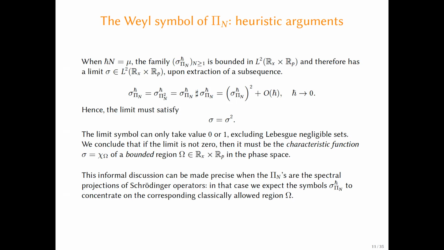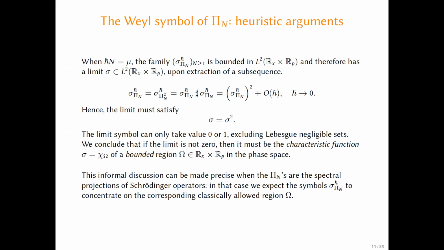Okay, so if the limit exists, it must satisfy sigma equal to sigma squared. So we expect that if this limit exists, it can be either 0 or 1, and so we expect that it is the characteristic function of a bounded region. Okay, this is very informal, what I said, but this informal discussion can be made precise when, for instance, the P_n are the spectral projections of a suitable Schrödinger operator. Okay, I will come back to it later.